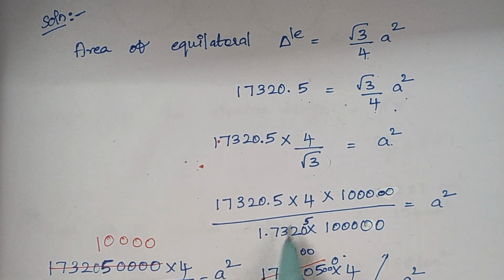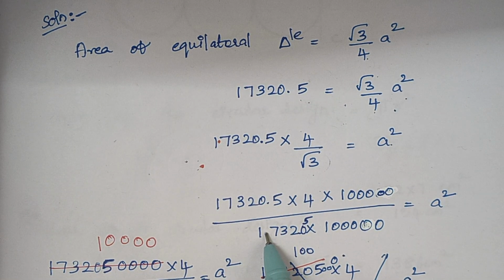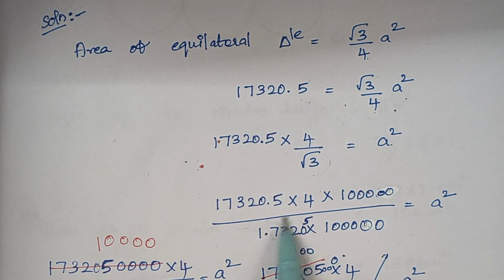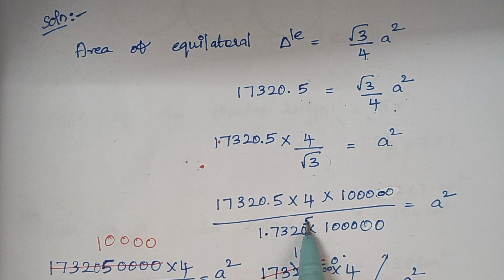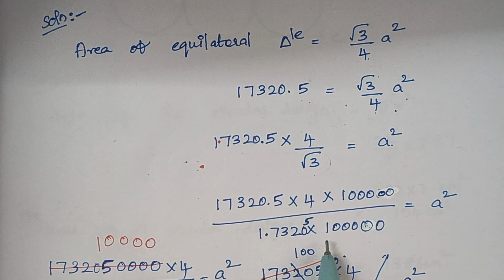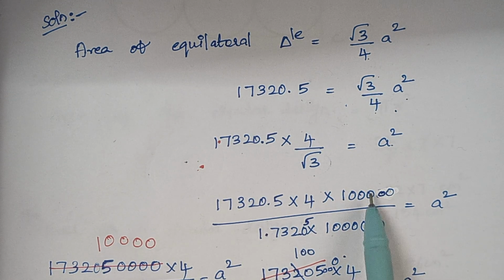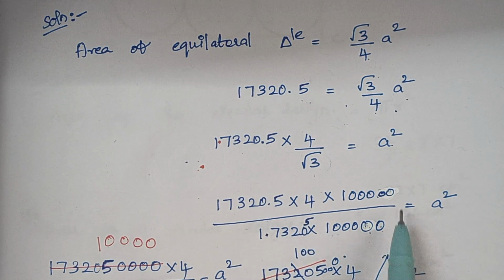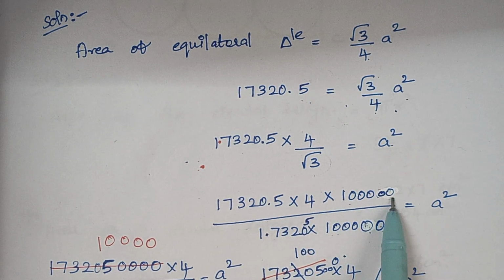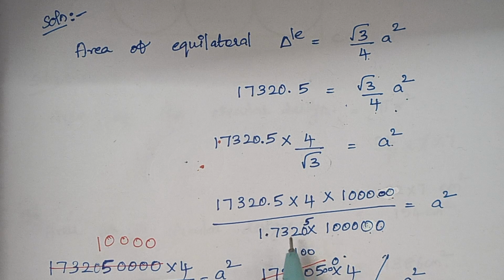Again, in order to remove the decimal points, because it will make our calculation simpler, how many digits are there after this dot? 1, 2, 3, 4, 5. So I am multiplying and dividing by 1 lakh, that is 1 with 5 zeros. What happens to the denominator?